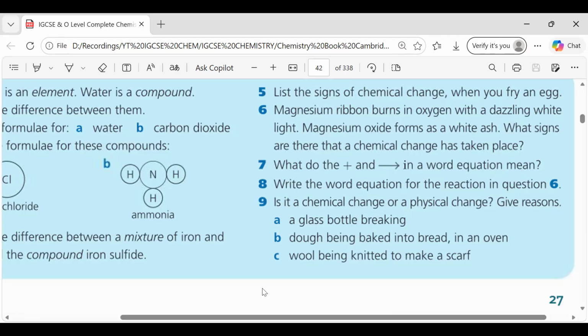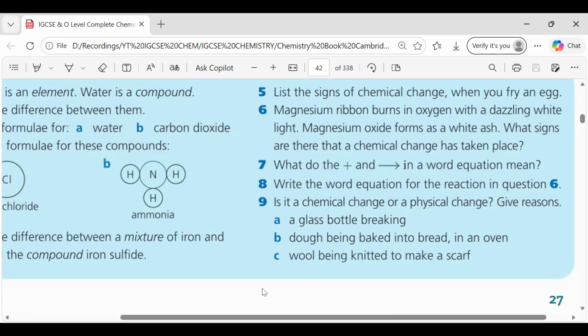Second is dough being baked into bread in an oven. Yes, it is a chemical change, because a new substance is formed and it cannot be reversed.